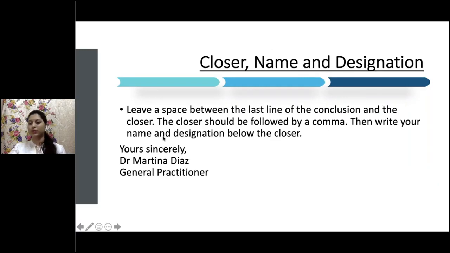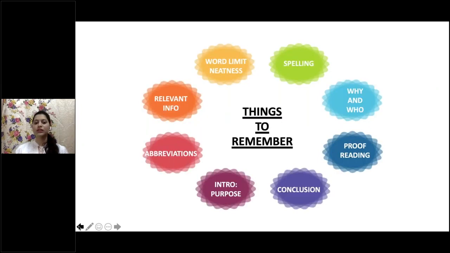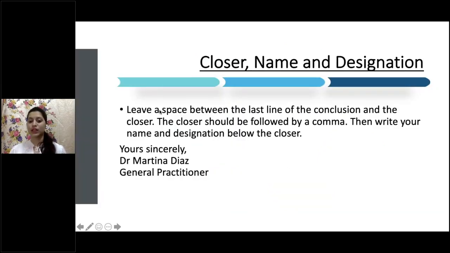The end of the letter would be the closer, as in the closer statement, name, and then your designation, as we saw in structure. Leave a space between the last line of the conclusion and the closer.